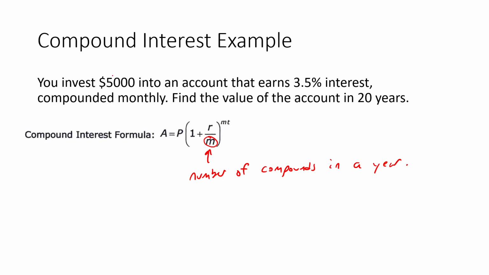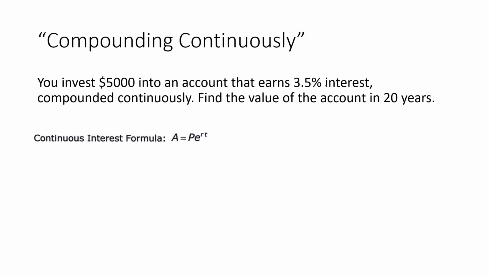So like if you read this problem, in this case they use monthly, so that would mean 12, but if they said daily, that would be 365, right? If they said every quarter, that'd be 4, or quarterly, I guess, that'd be 4, and so on and so forth. The only time you would not use this formula is if it said compounding continuously, and we will do an example of that in a moment.